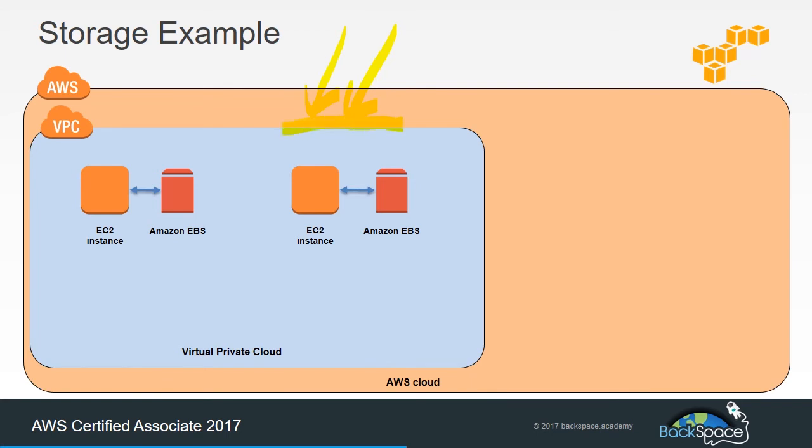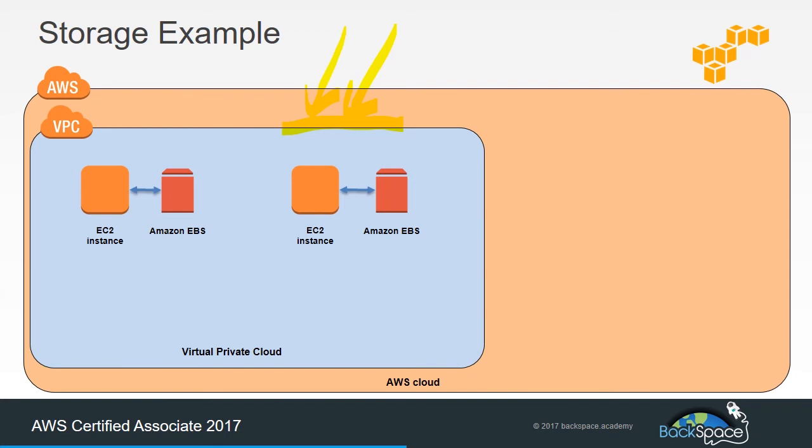It won't be able to access those resources within our VPC. Now, by default, all AWS accounts will have a VPC created, called the default VPC, in each region. Additional to that, you can create more VPCs if you would like to.